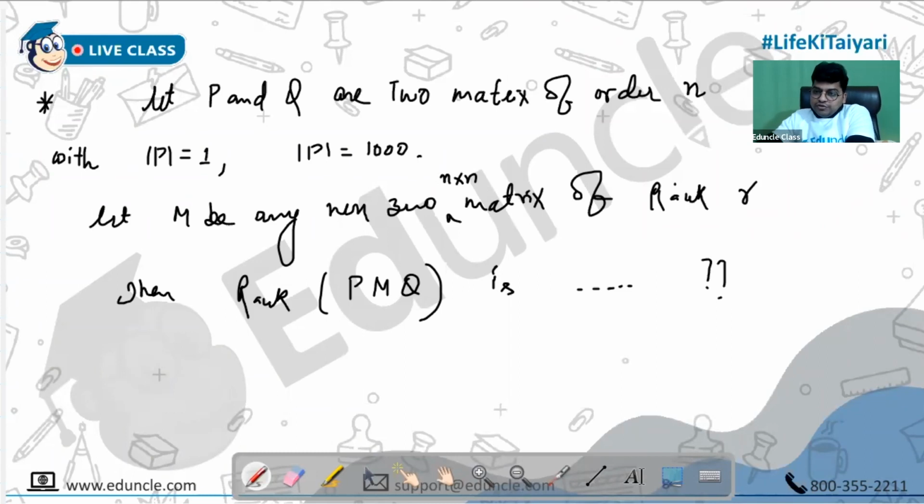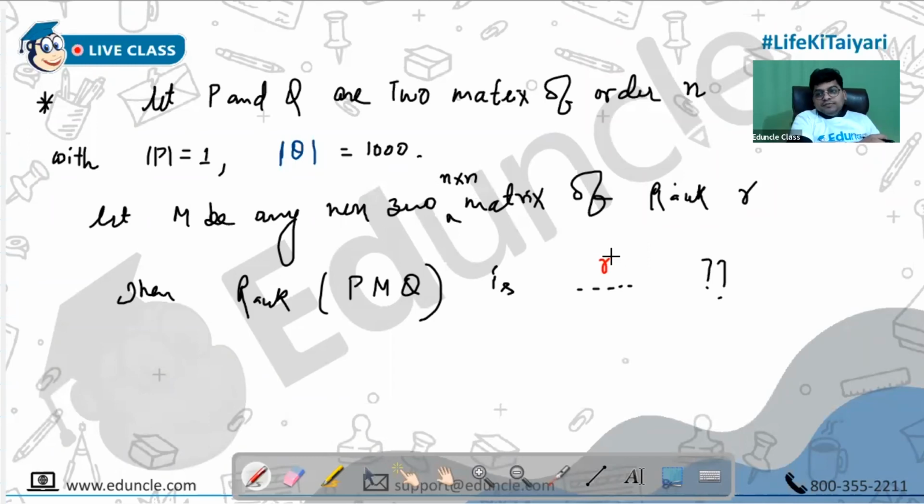I am giving you 2 minutes for this question. Just think and tell me what is the answer. Manoj is saying, sir, answer is R. No, n is not equal to R. And maybe R and may not be R. See why the answer is R. Answer is R. That is okay.